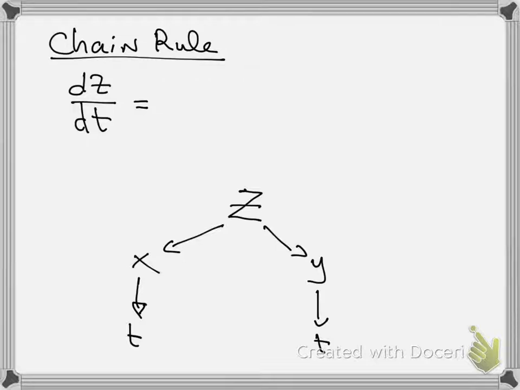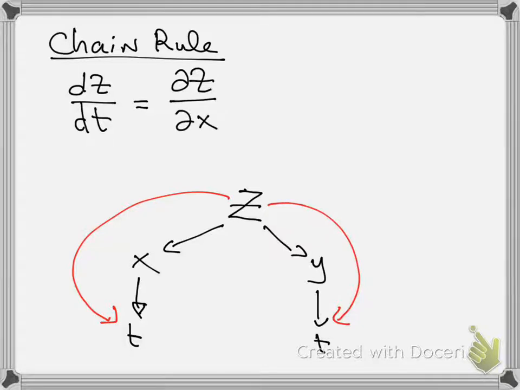So if you want to compute the derivative of z with respect to t, there are two different ways to go, like in this tree here, there are two different ways to go from z to t, right? So we can go through x, or we can go through y. If you go through x, then that will be the partial derivative of z with respect to x, because z is a function of two variables. So it's partial z, partial x, and then times dx dt. So that will be the first way.